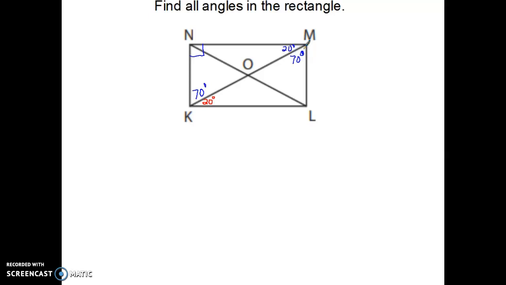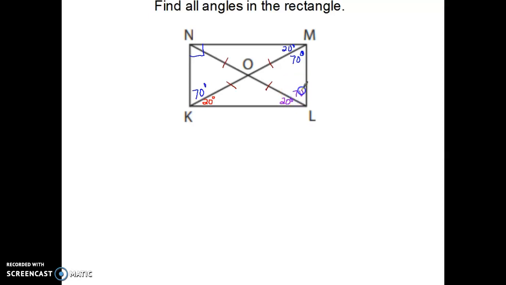But now that we know that the diagonal lines are congruent to each other, and they also bisect each other, I'm going to put some markings in here. If you notice, all four individual triangles will be isosceles. So now I can find these other angles. This one should also be 20 degrees because it's a base angle.